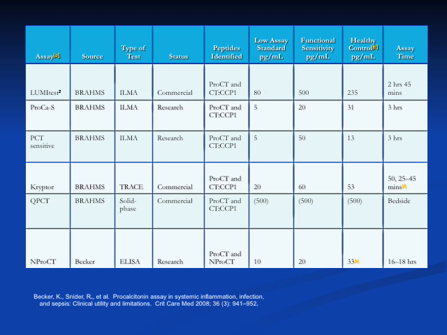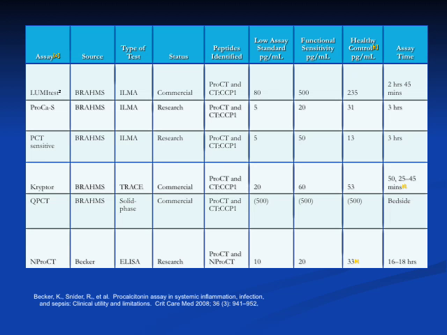This table illustrates some of the assays that are available from a 2008 article, so it does not include the VIDAS testing that we have now. The first, again, the LUMI test, is the most widely used assay in the studies and worldwide. Other options include the Pro-CAS, the procalcitonin sensitive, the Q-procalcitonin, and the N-procalcitonin.